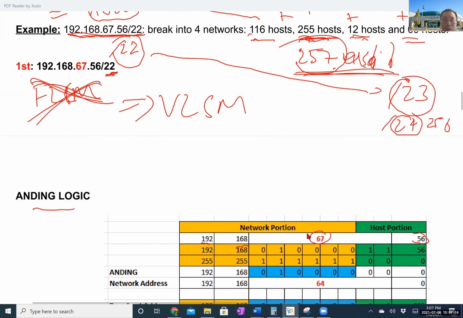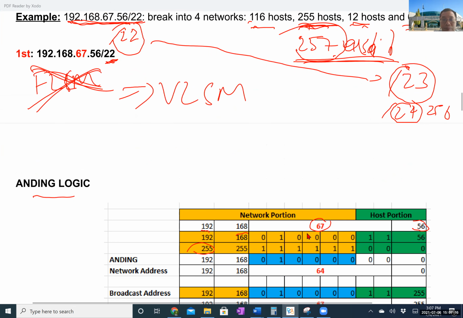So you have 8 bits here, 255, 8 bits here, 255, that's 16 already. Then 17, 18, 19, 20, 21, 22. So we have 22 bits of 1 and every bit after that is 0.